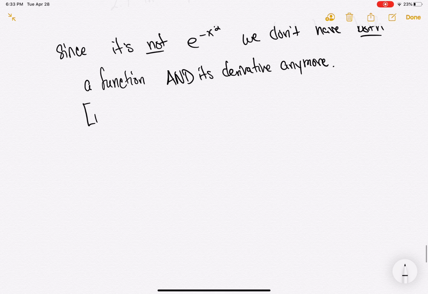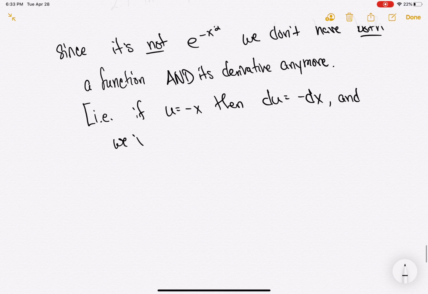What I'm saying by this is, if u equals negative x, then du equals negative dx, and we've gone nowhere. By u sub, so that's not going to work.